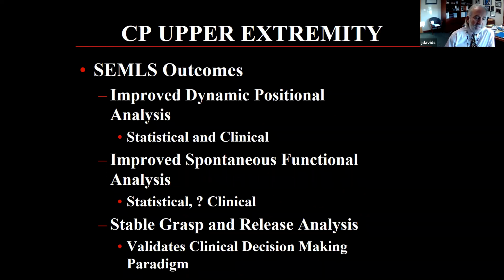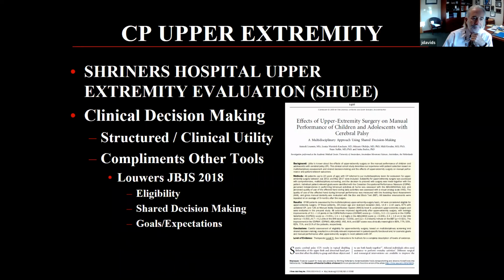Further work needs to be done establishing the minimal clinically important difference for the SHOE, and certainly a larger cohort to better understand whether we actually can improve spontaneous functional analysis with these surgeries. The stable grasp and release analysis scores validated the clinical decision-making process for relating wrist correction to the need for finger flexor surgery.